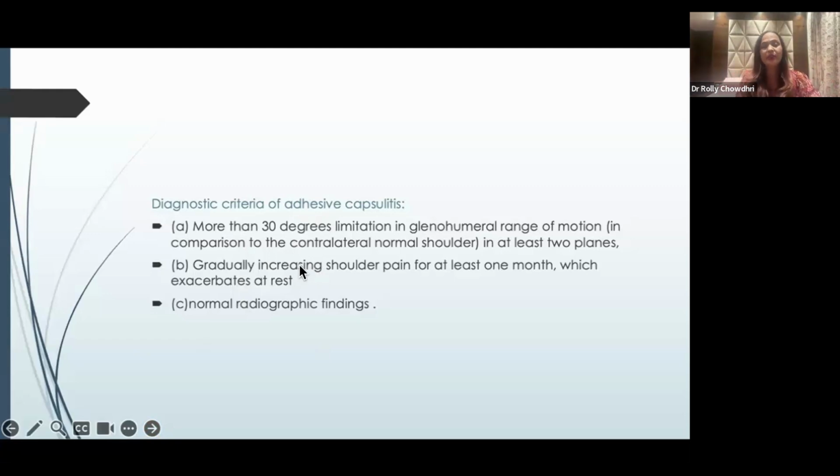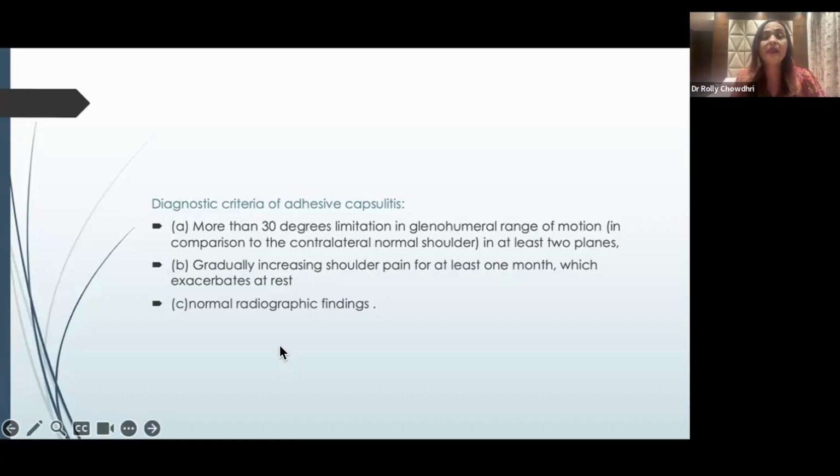So it is basically gradually increasing shoulder pain for at least 1 month, which exacerbates at rest. They say when they are sleeping at night, the pain increases. Some say at least 3 months, someone says 1 month. Normal radiographic findings: importantly, no intrinsic structural disorder is there in the shoulder.